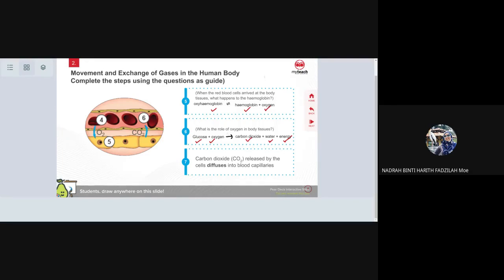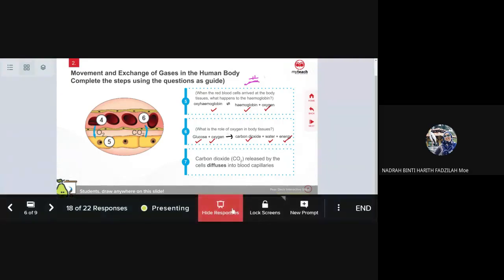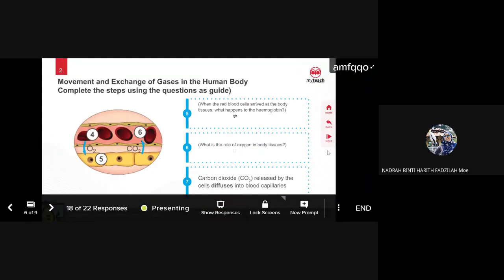The objective of cellular respiration is to produce energy. But carbon dioxide and water are the byproduct, are the waste product of this reaction. Okay. So carbon dioxide will diffuse into blood capillaries to be transported back to the lungs.